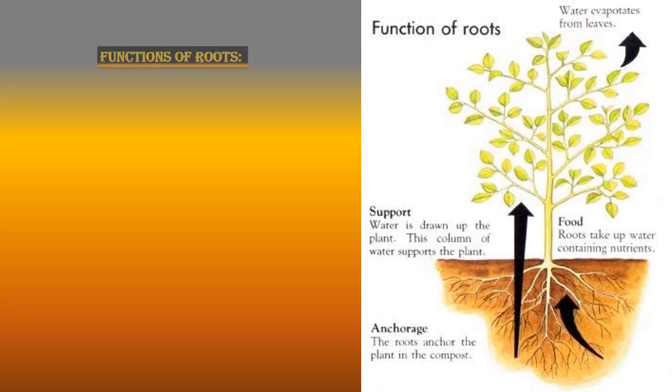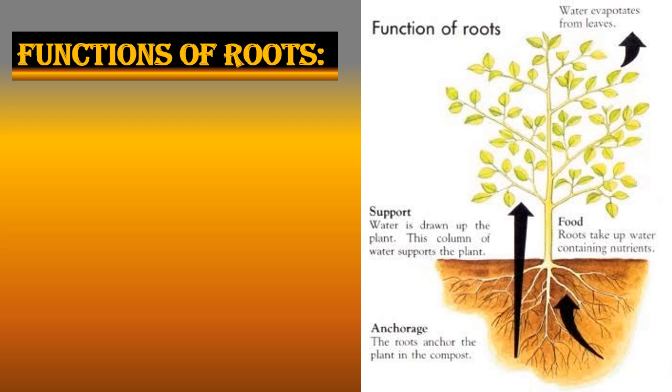Let's discuss the functions of roots. What is a root? A root is a part of a plant that grows below the ground. The main functions of roots are: roots fix a plant firmly in the soil.